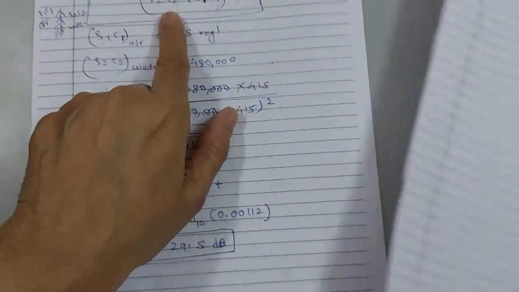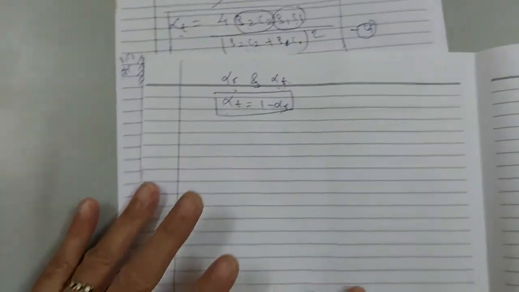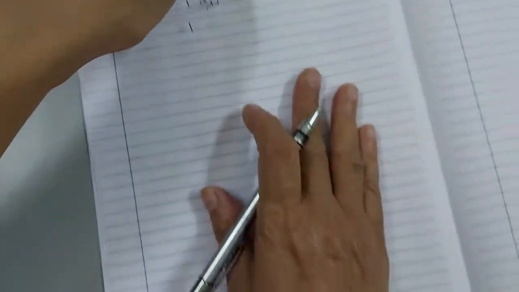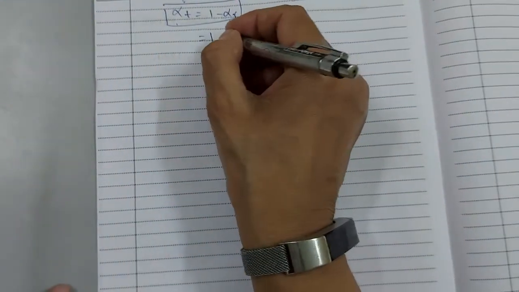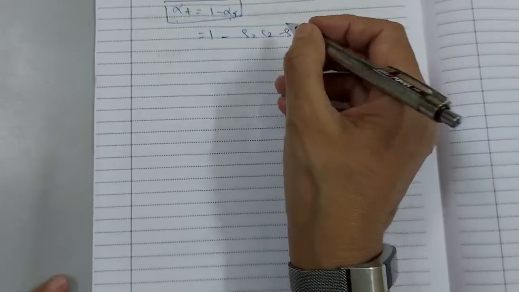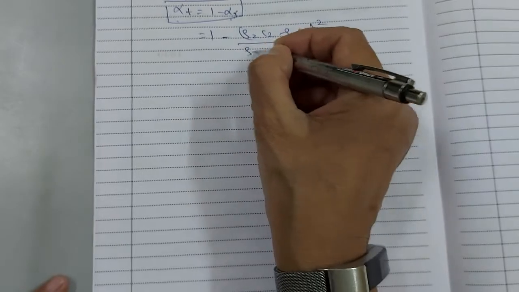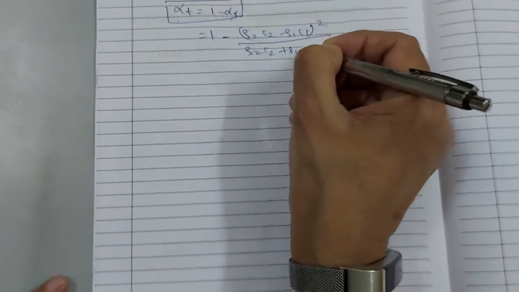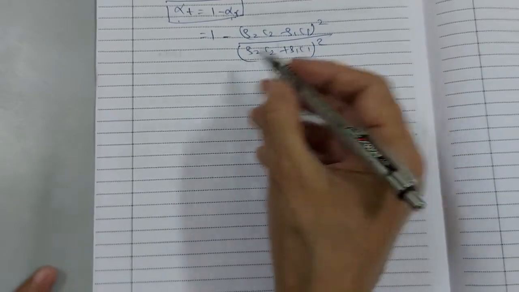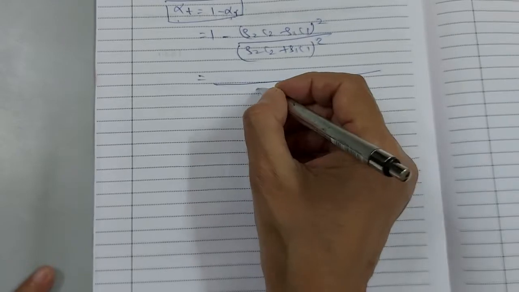We know the value of alpha t, what did we get? This formula, correct? So we'll try and substitute the value of alpha r. What is the alpha r value I taught you? Alpha r value is (rho 2 c2 minus rho 1 c1) bracket square divided by (rho 2 c2 plus rho 1 c1) bracket square. Fine. So if I take an LCM and simplify this further, what will be over here?